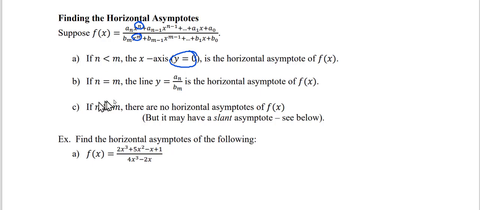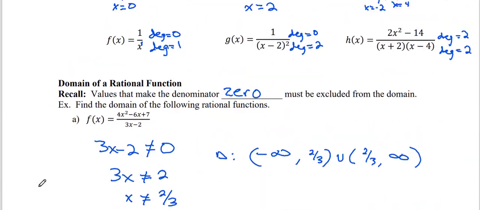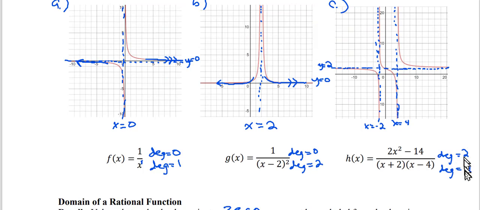If the degrees are the same, that was the scenario in part C up here, right? We said the degrees were both 2. Our statement says that the horizontal asymptote is the ratio of the leading coefficients. If I were to multiply this out, I'd have x squared minus 2x minus 8.